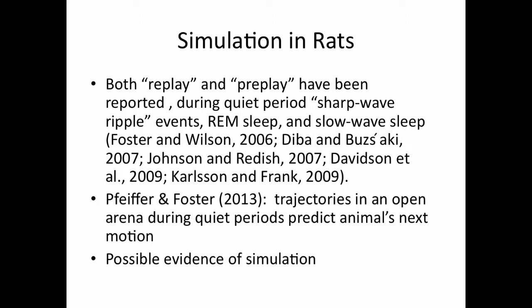A really clear version of this was found by Pfeiffer and Foster in a 2013 paper I've discussed in some previous presentations, and we're taking that as possible evidence of the animal actually simulating motion and generating these trajectories.